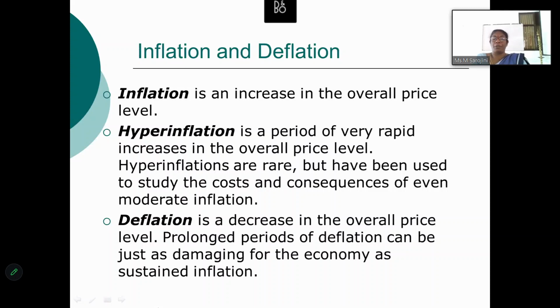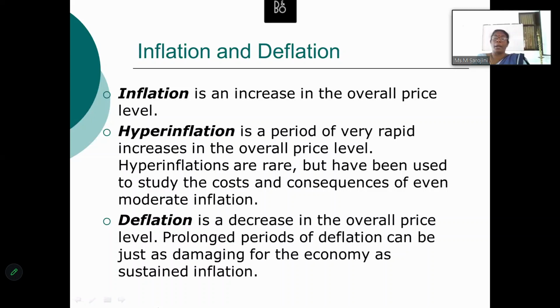The next one is deflation. Deflation is a decrease in the overall price level, right? This is the other way around of inflation. A prolonged period of deflation can be just as damaging for the economy as sustained inflation. Deflation or inflation is not good for a healthy economy.